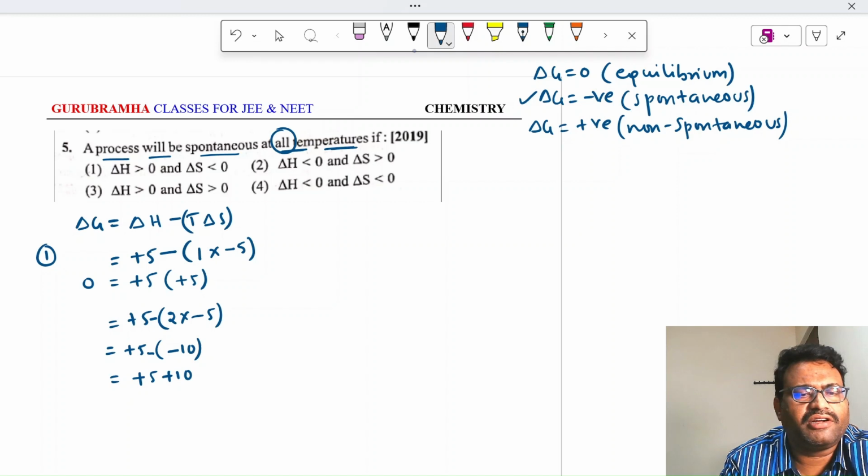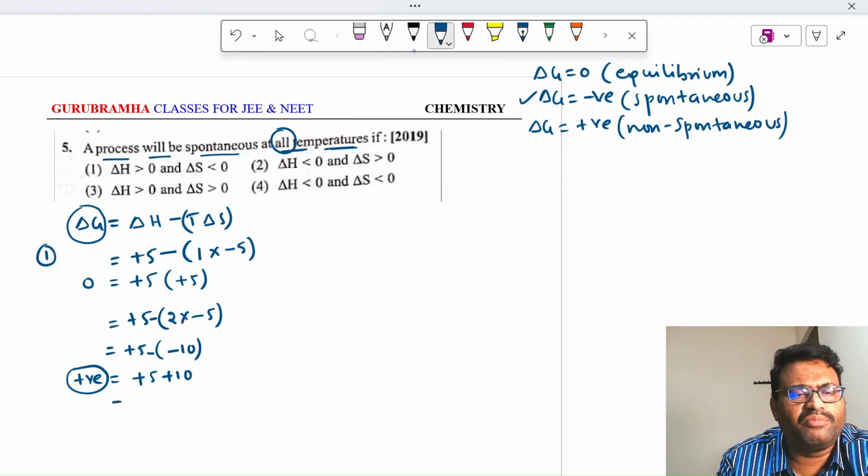This is a condition. Here what you are getting? Plus. So delta G is plus. If you go on increasing temperature or decrease the temperature, overall delta G will be positive. Right?